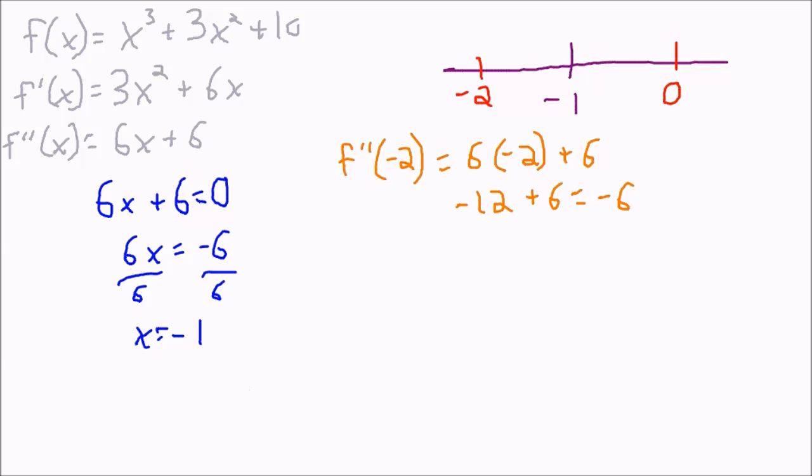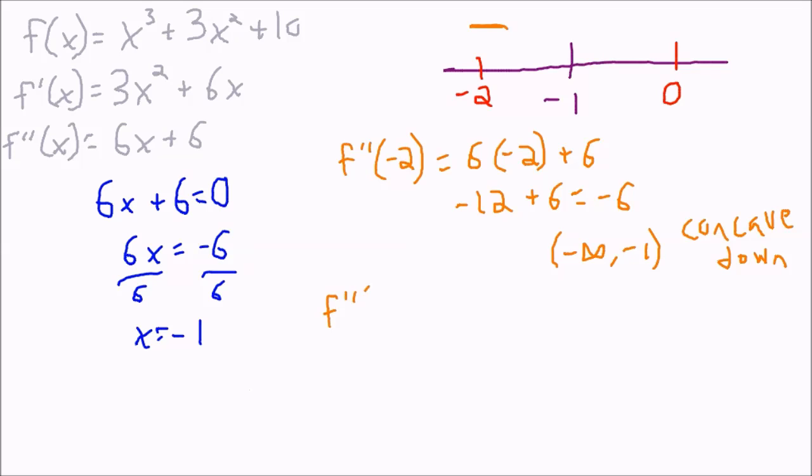So this is a negative, meaning that from the interval of negative infinity to negative 1, let's write that down here, negative infinity to negative 1, we are concave down.